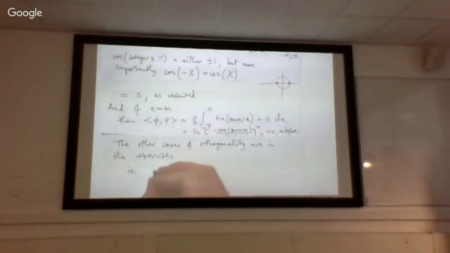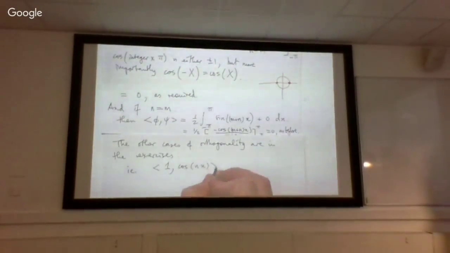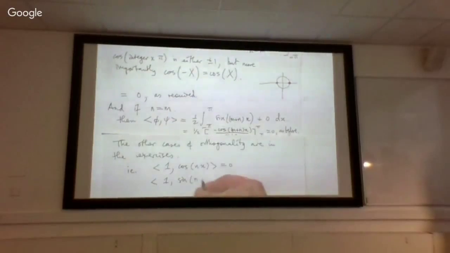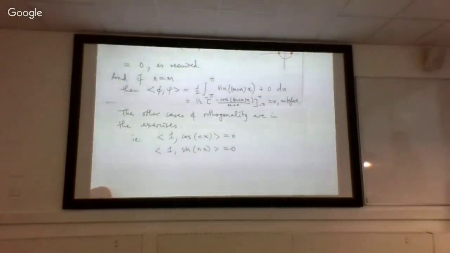So if you take the inner product of the constant function 1 with any cosine function, you always get 0. You take the inner product of 1 with any of the sine functions, you always get 0. There's lots of different cases.